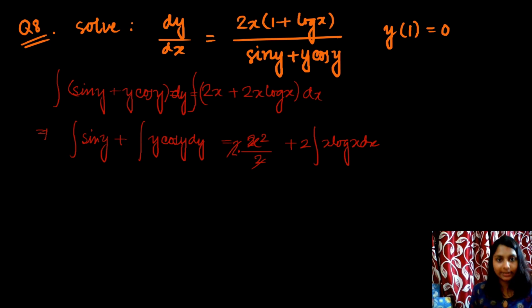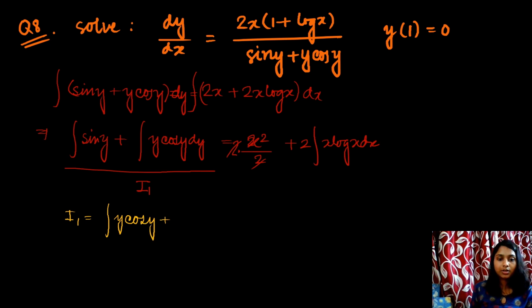Now this integration here, let me first do it. Suppose I write it as I1. So let me first do the I1. If we integrate this part first, y cos y plus the integration of sin y, and there is a dy here and a dy there.